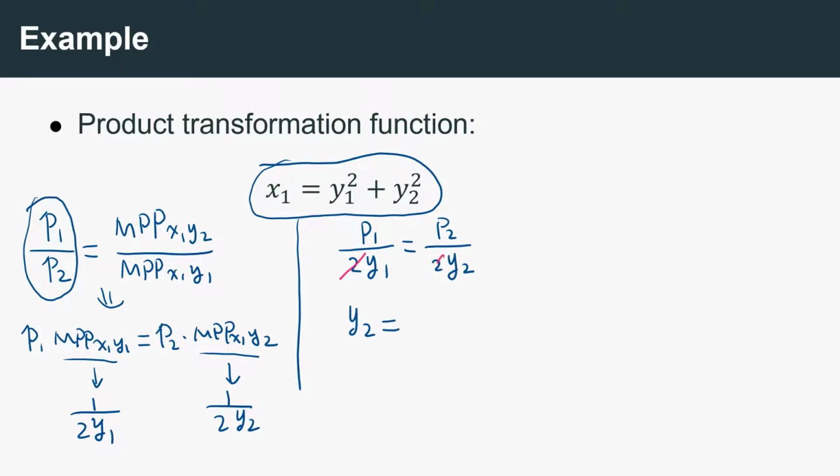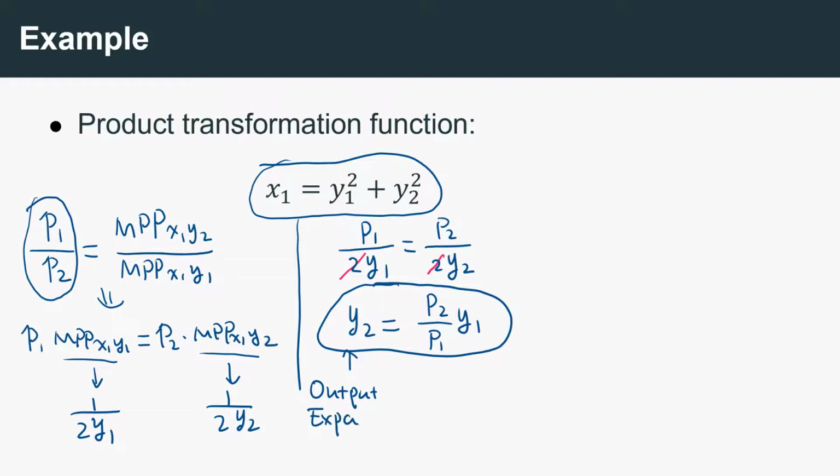We can get rid of this 2, it's the same on both sides. So y2 will be P2 over P1 times y1. So this equation here is actually the output expansion path.